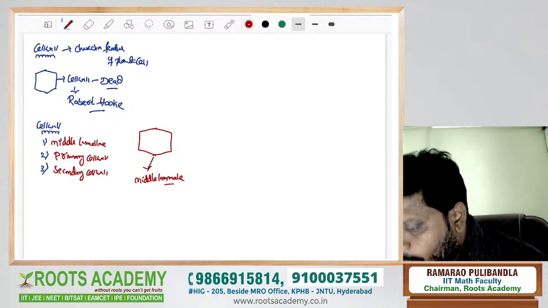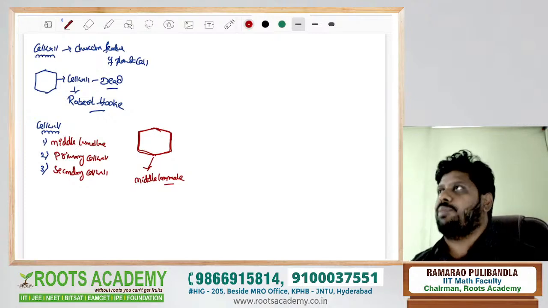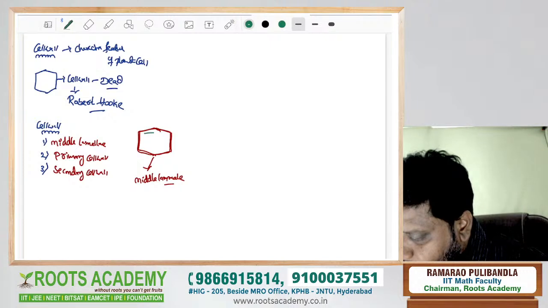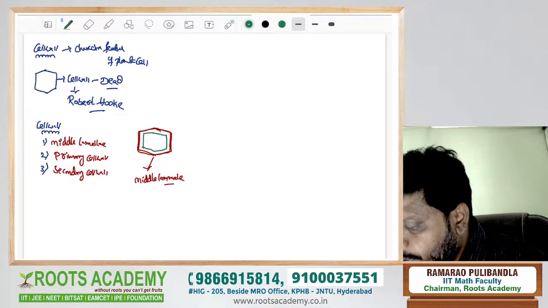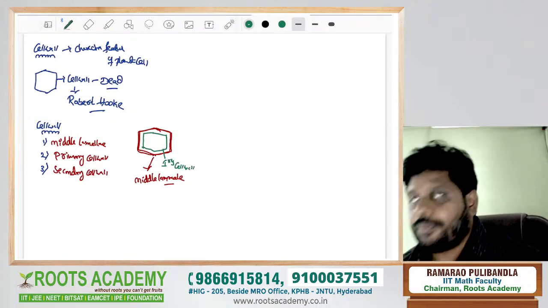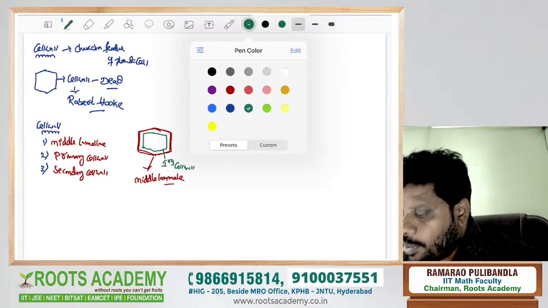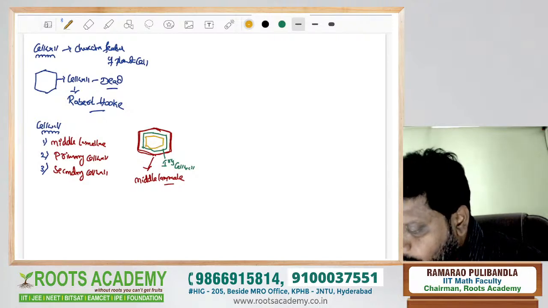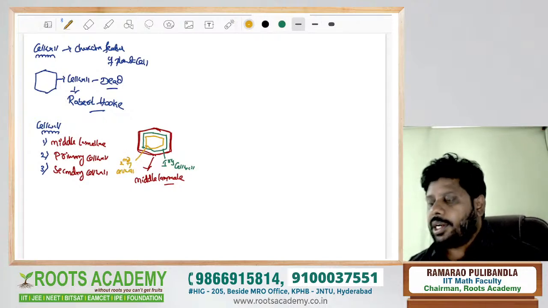Below the middle lamella, whatever layer is present, it is the primary cell wall. And below the primary cell wall, whatever layer is present, it is the secondary cell wall.